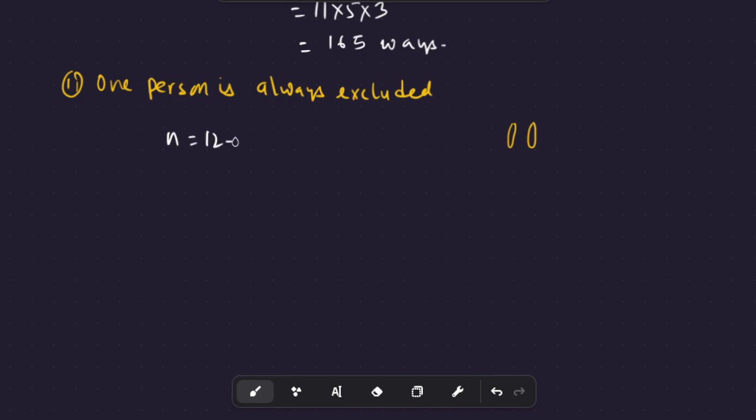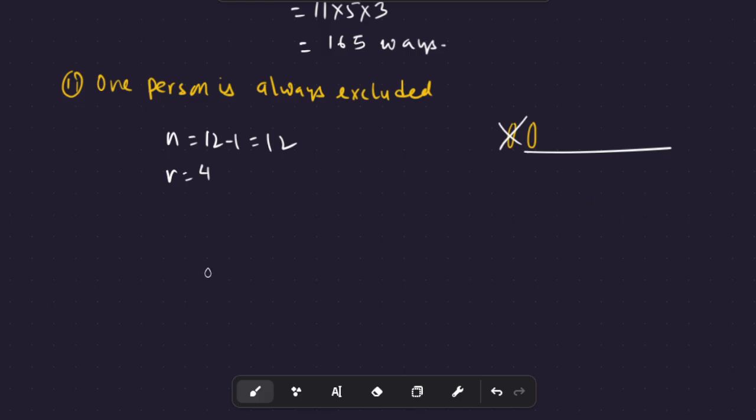And what will be the value of r? It will be 4, right? Because if one person is excluded, then one will be removed from this total list, but the number of people to be selected will remain the same because none has been selected yet, right?